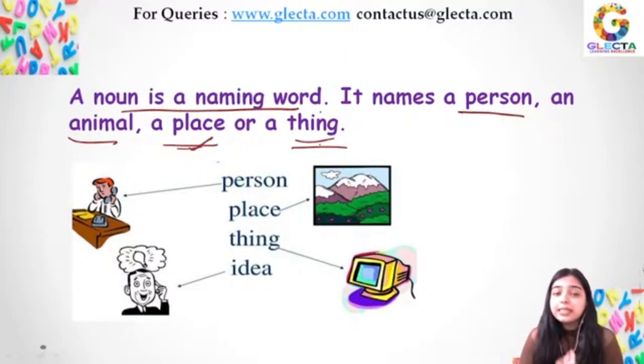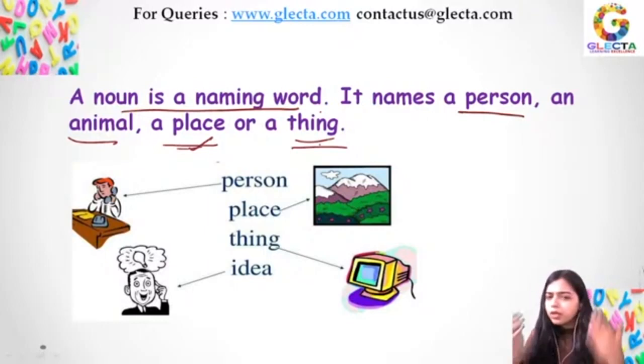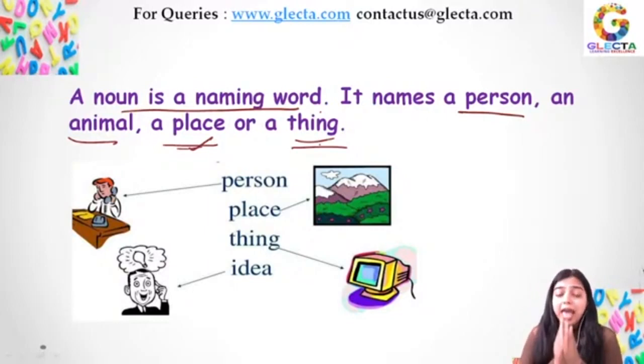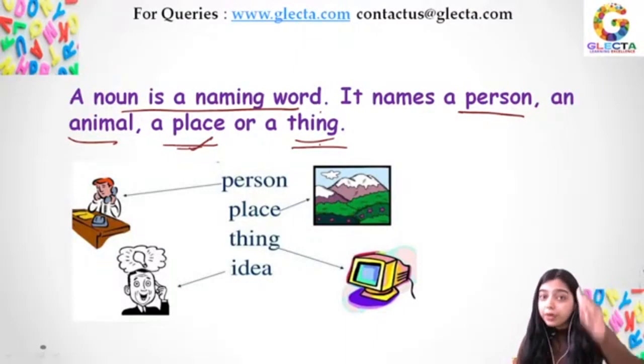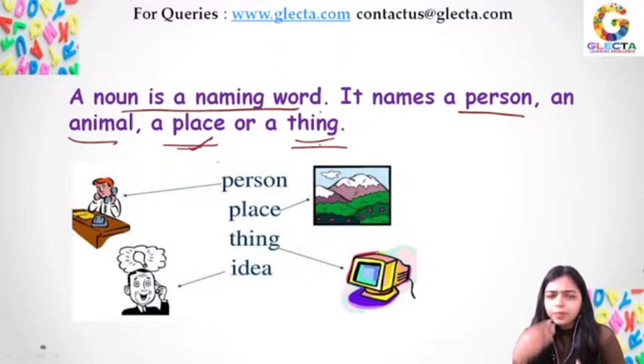So something like this that we use in our day-to-day life, we are able to see, we're able to touch and use, they are all types of nouns. Now, coming back to what are actually nouns. Nouns are naming words. We name words on the basis of these 4 categories: person, place, animal, and thing. I hope you are catching up with this.